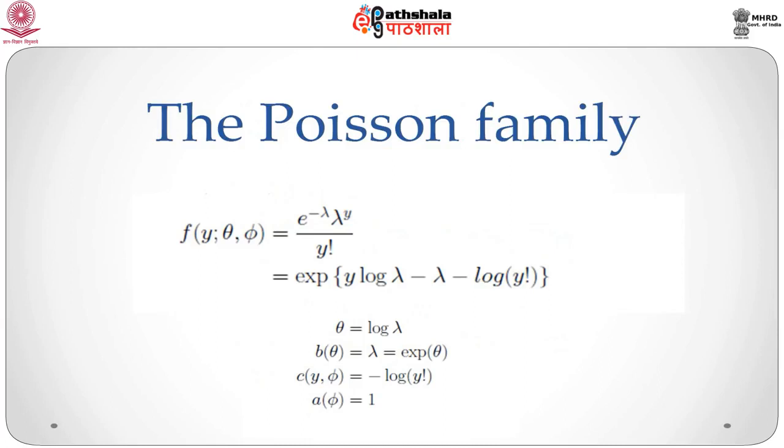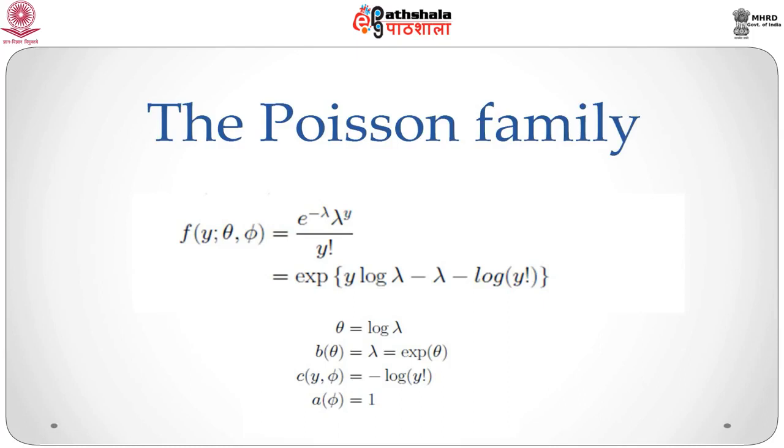The Poisson family is another common example of the one-parameter exponential family. For this family, the mass function is given by f of y, theta, phi equal to e to the power minus lambda, lambda to the power y by y factorial, which is equal to exponential of y log lambda minus lambda minus log of y factorial.